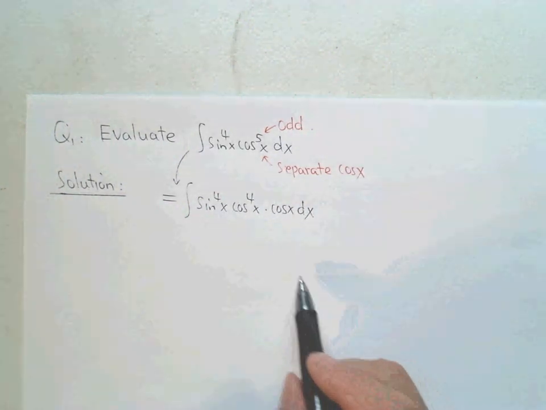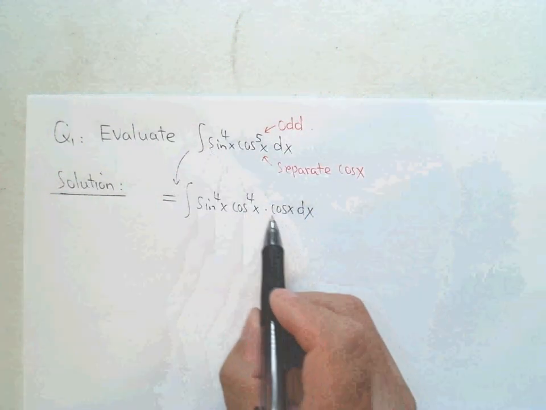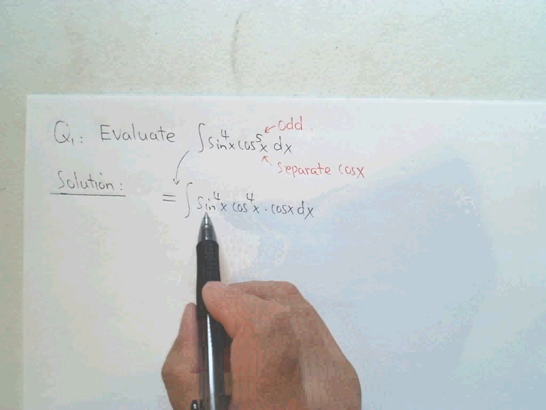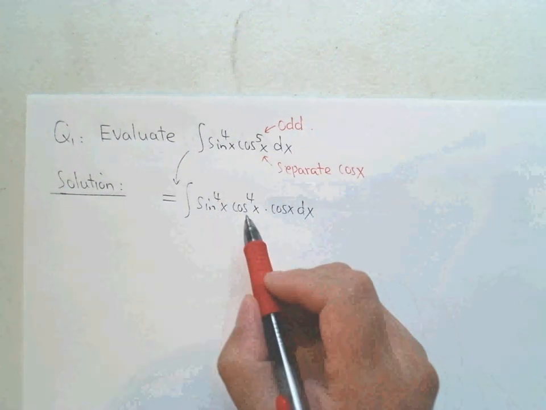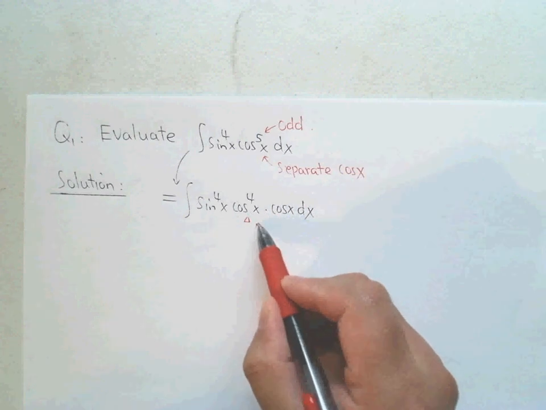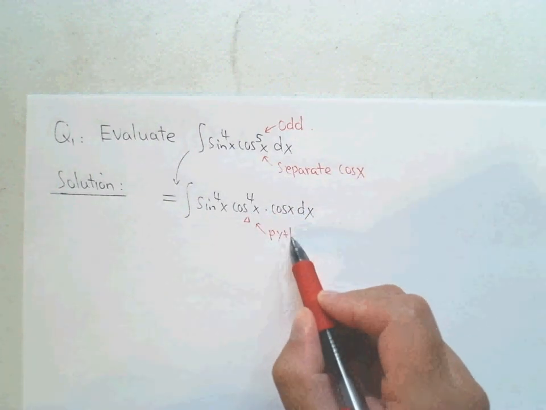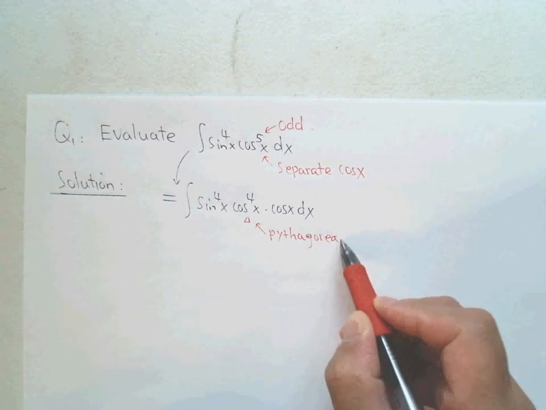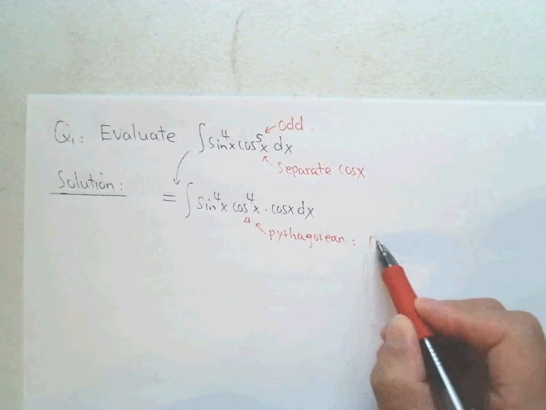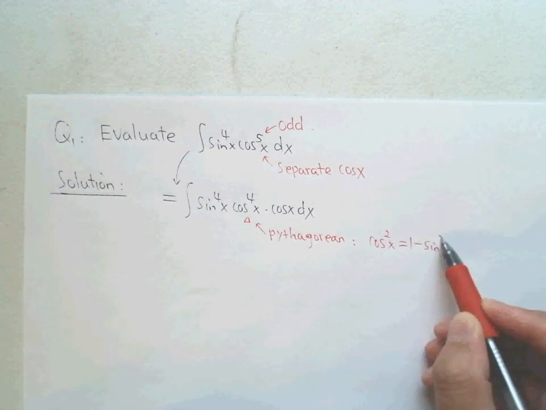Before we do substitution, we need to substitute the sine, right? This is a sine, this is another sine. Remember, what do we do? Pythagorean, make it these two sine, right? I put the Pythagorean here, which you know is cosine square equals 1 minus sine square.